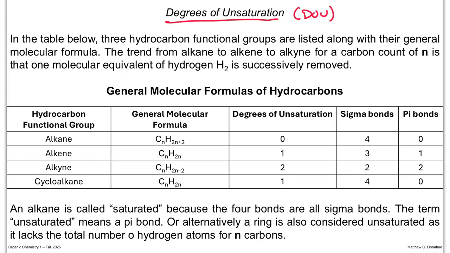The main point of this is right here. The alkane functional group will always have that form for a molecular formula. For every N carbons, there's 2N plus 2 hydrogens. A fact of that is there's no unsaturation in there. There's no rings or pi bonds.